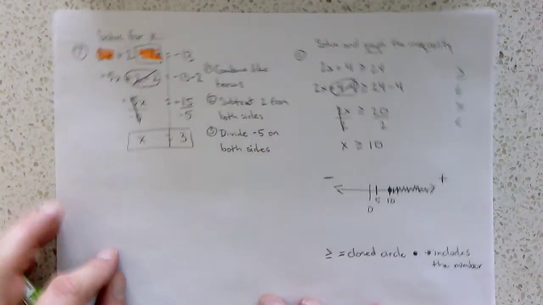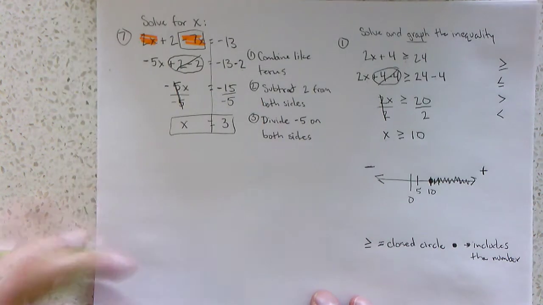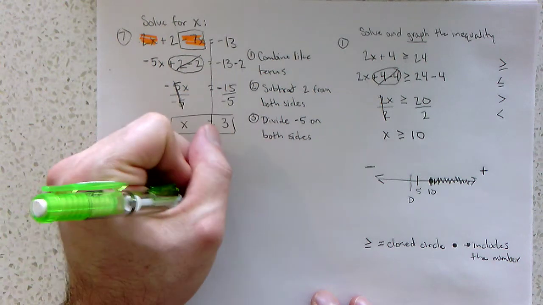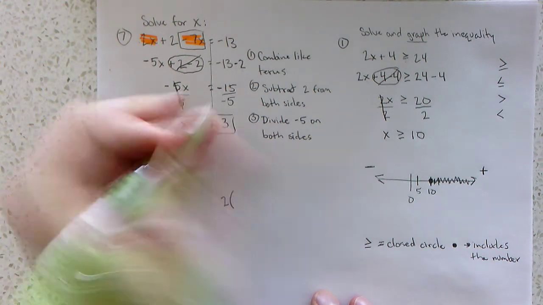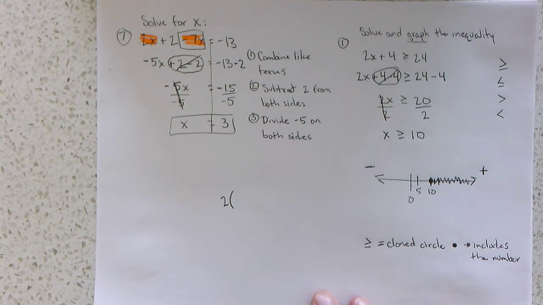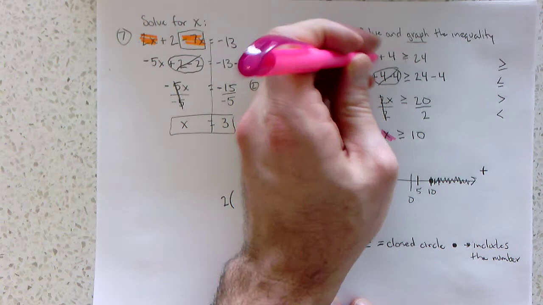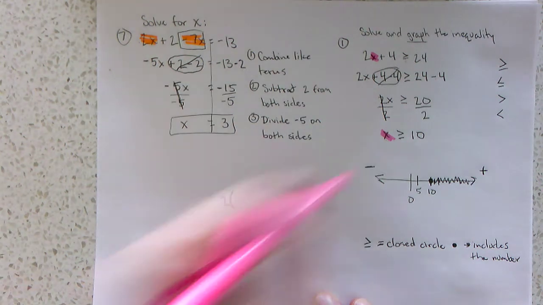So if we take a look at that, this is a way that we can check to make sure our answer is correct. So anytime I see an x, I'm going to plug in the 10.